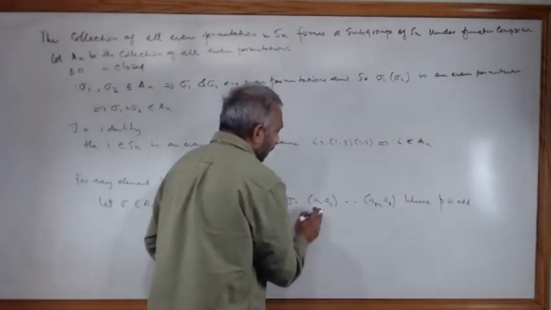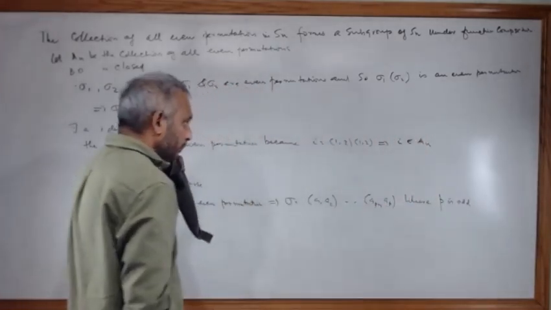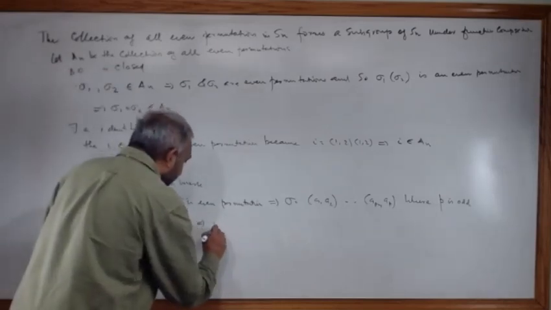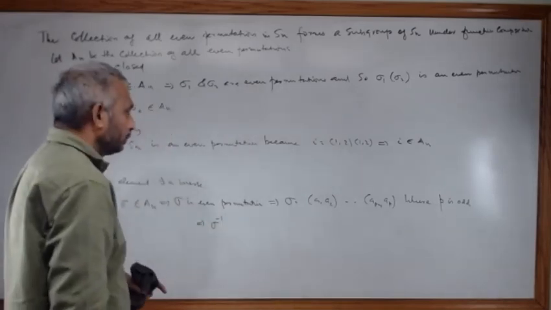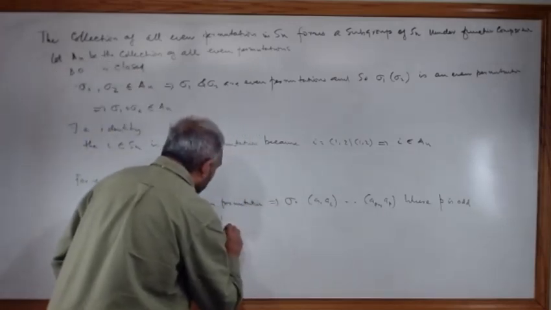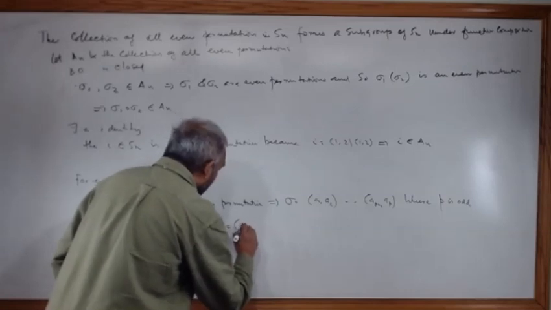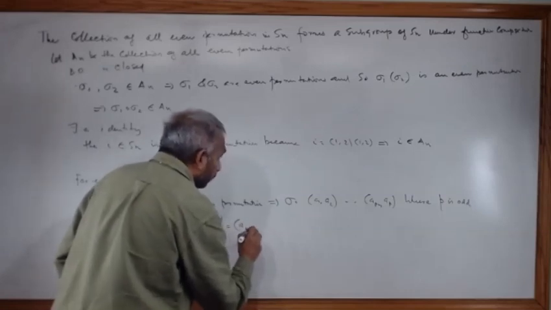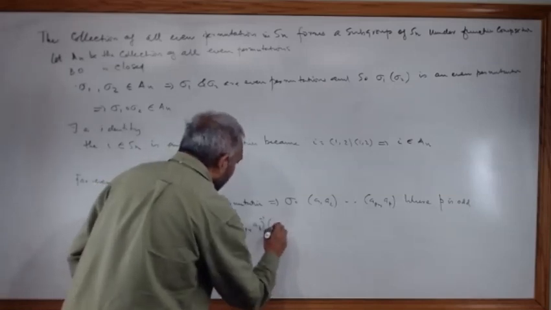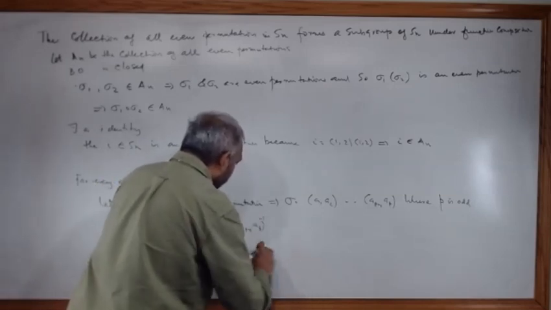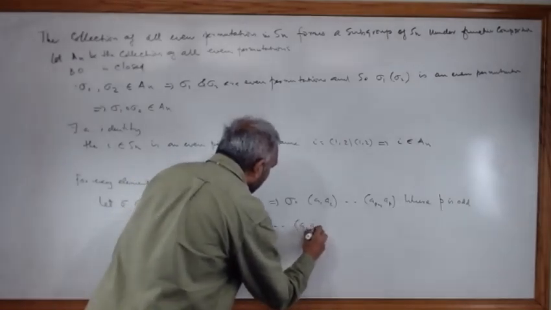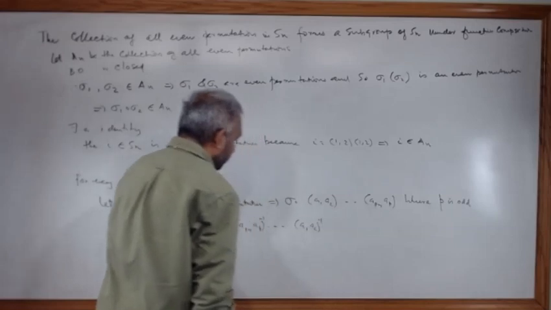Because when p is odd only, this will become even. And that implies sigma inverse will be (ap-1 ap)^-1 ... (a1 a2)^-1.